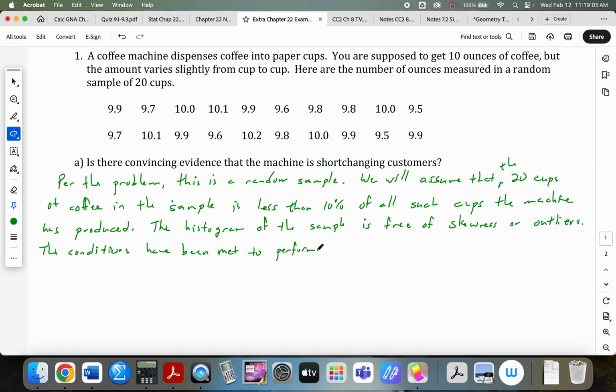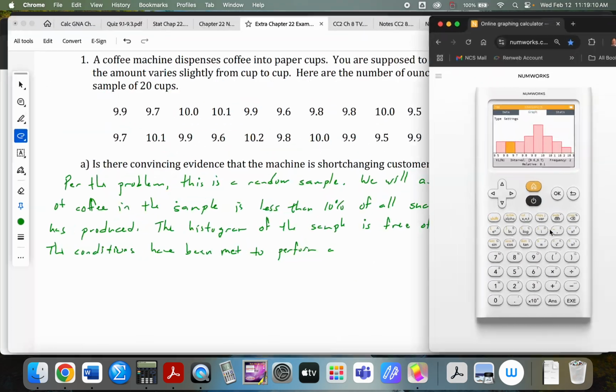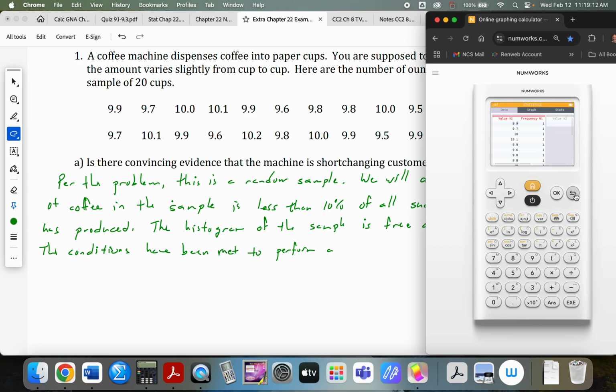To perform a test, you go to the inference menu, then tests. One mean Z test. A one sample test for mean, and we know that it's going to be a t-test, so this is a one sample t-test for means.